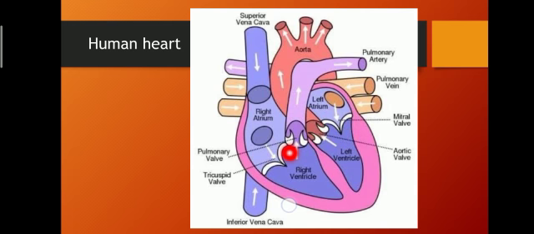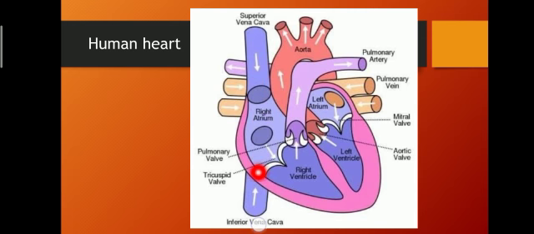Then we'll be talking about the vessels entering and leaving the heart. First of all, the vena cava, superior vena cava and inferior vena cava. Superior vena cava brings deoxygenated blood from the uppermost part of our body.